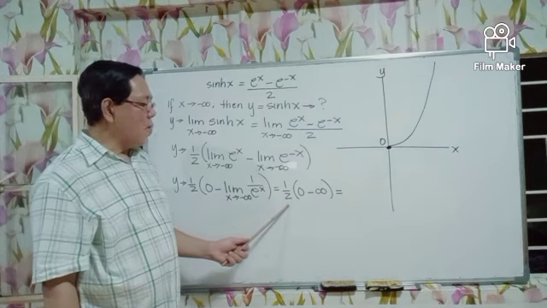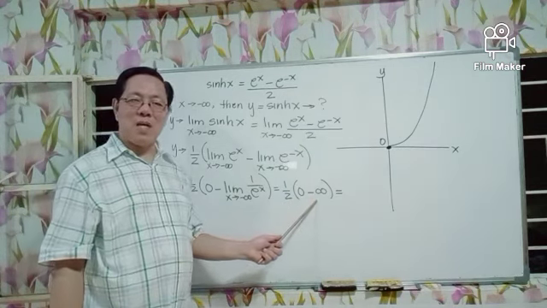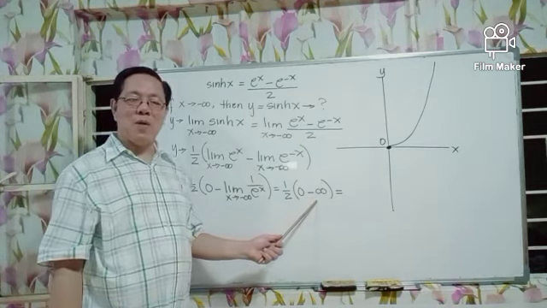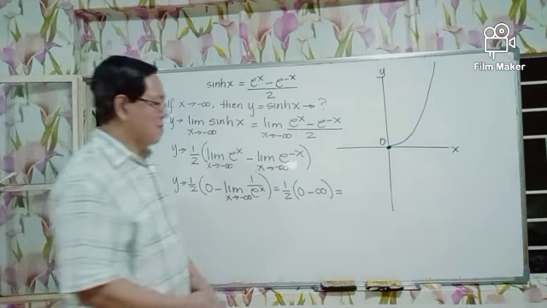And multiplying by positive 1/2, a very, very large negative real number would still be a very, very large negative real number. Hence, 1/2 times 0 minus infinity is negative infinity.